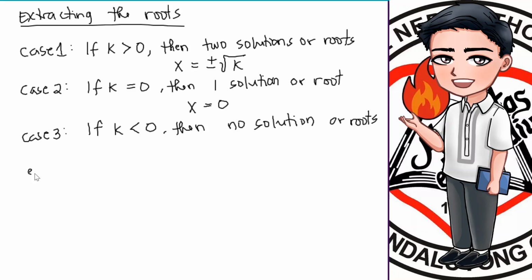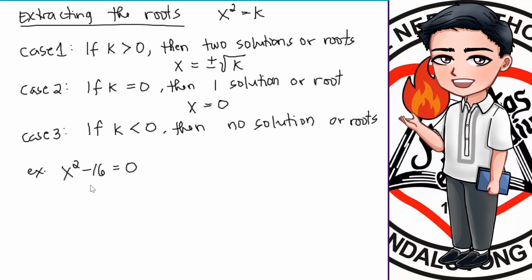Let's say x squared minus 16 equals 0. Now, extracting the roots, we need to form it first in x squared equals k. So we need to put the constant on the right side of our equation.